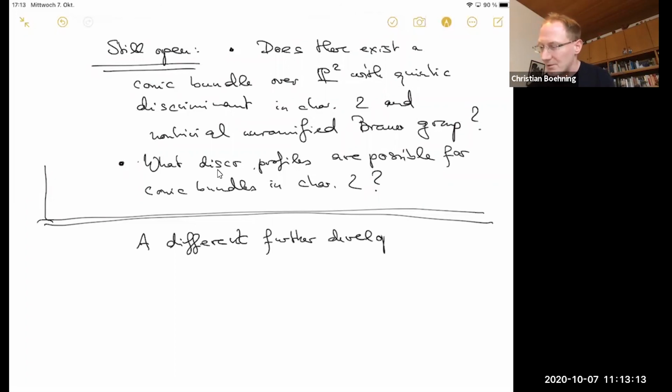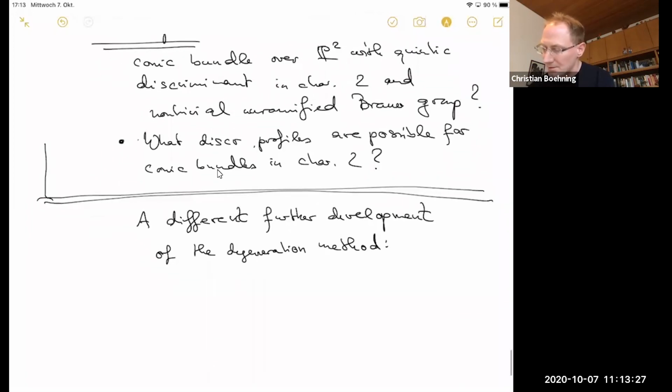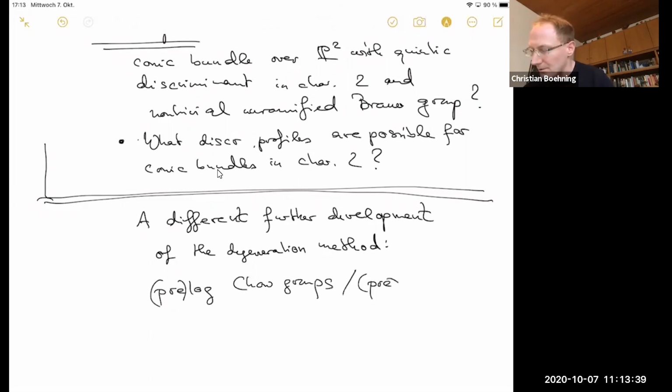So let me just say this in words mainly. A different further development of the degeneration method. This is something related to prelog or log Chow groups and what we call prelog decompositions of the diagonal.